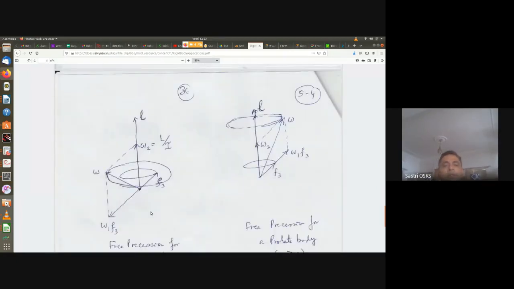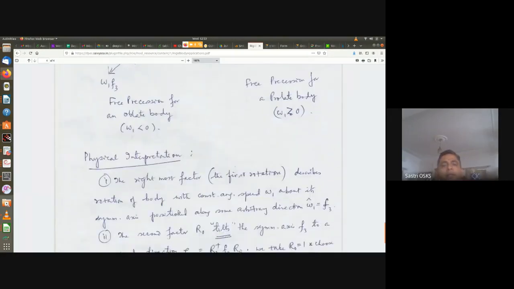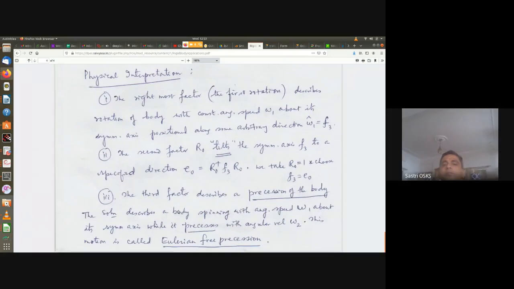These are the two types of motion, and we are able to explain the entire thing. The rightmost factor is the first rotation. The second one is R naught dagger F3 R naught, which tilts it, and the third one precesses about the angular momentum L, that is the E3 direction, with velocity omega 2.